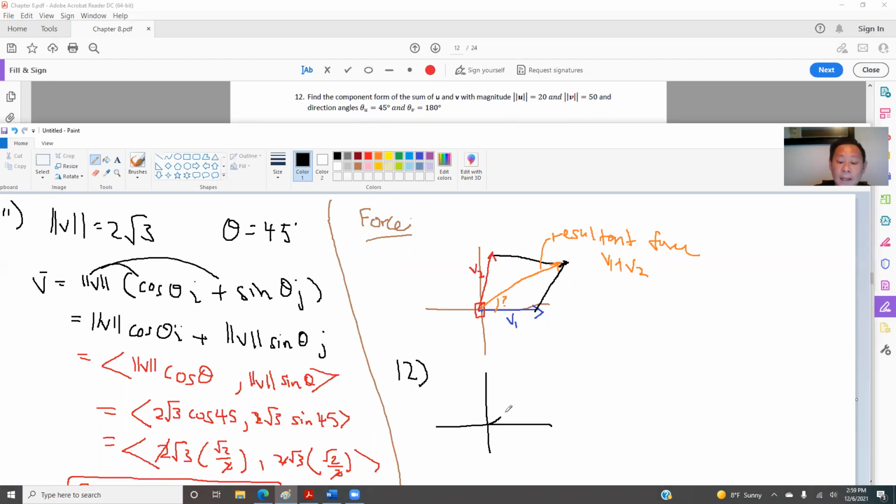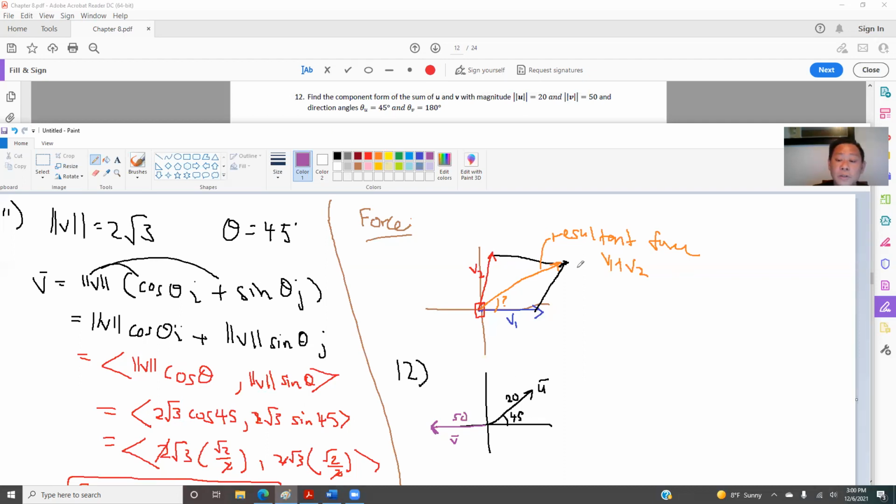So vector U is 45 degrees from here, and its length is 20. And we have a vector V. Vector V is 180, which means exactly on the x-axis. This is vector V, and this is going to be 50.